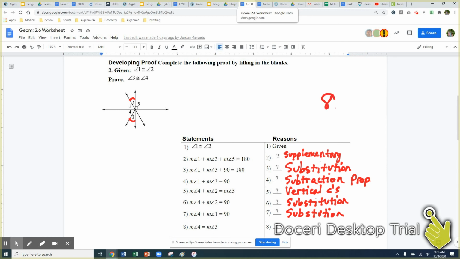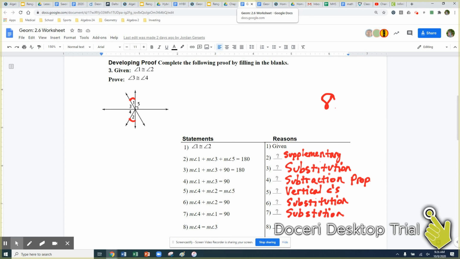Now we're on to number 8. So looking at these two steps, we've got to somehow compare 4 and 3. So I've got to look at how 4 and 1 compare, and then I'm going to look at how 1 and 3 compare. Right here.